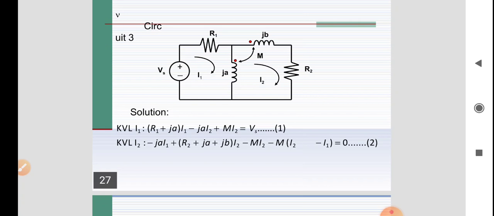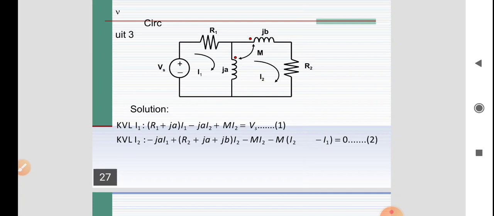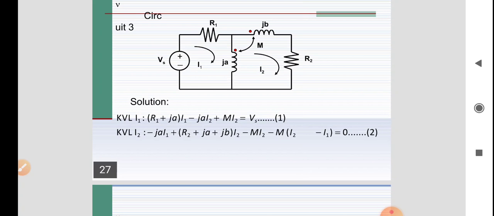Now coming to the dots, present in between loop 1 and loop 2. As I am writing the equation for the first loop, the reference current is I1. I1 current is flowing from dot to coil. Similarly, at the second dot, the current I2 is flowing from dot to coil.